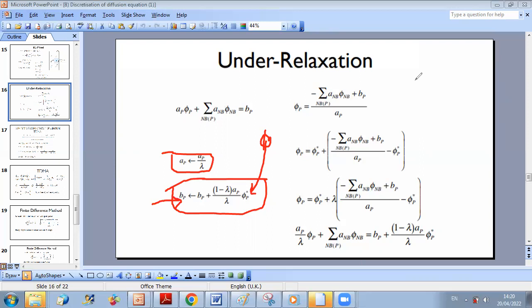Each time you update phi, you will have a new iteration. You will repeat your iterations until convergence. And each time I update phi, I now have a new value and an old value. To do another iteration, I should pay attention to alter my coefficients in order to perform under relaxation.